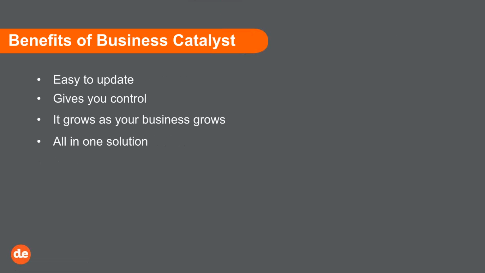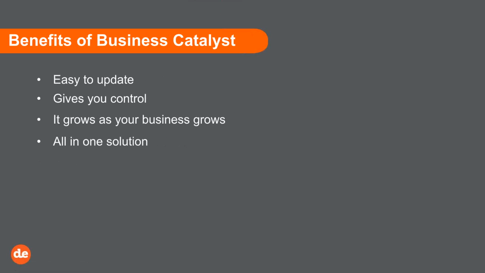Now, it's an all-in-one solution. I've mentioned that a couple of times now, but what does that mean? Well, for you, it means that you don't actually have to go outside of Business Catalyst too much to find bits of software to drive your business online. So, for example, some software programs are just content management systems, meaning you can just update your website. What if you want to send out an email newsletter?